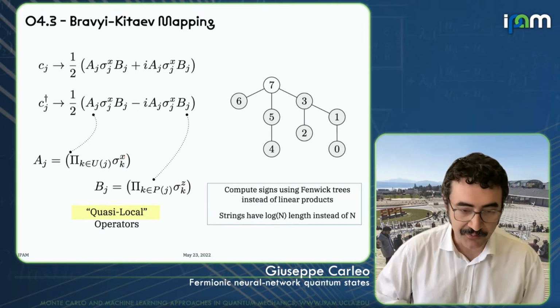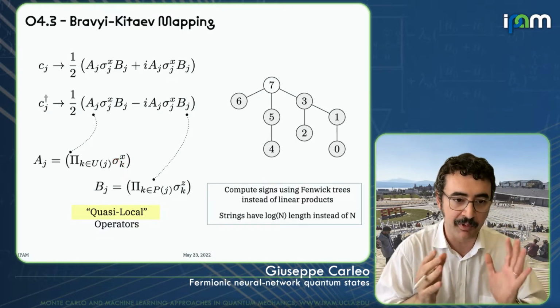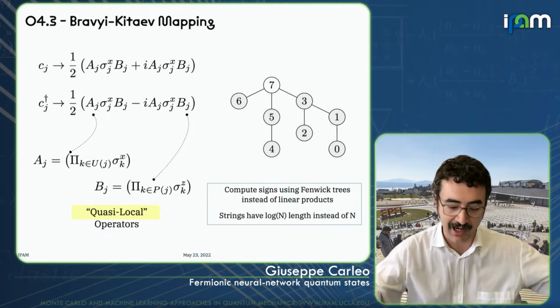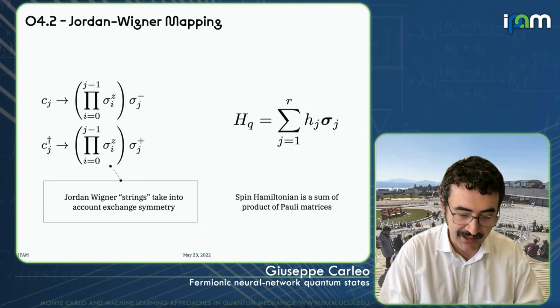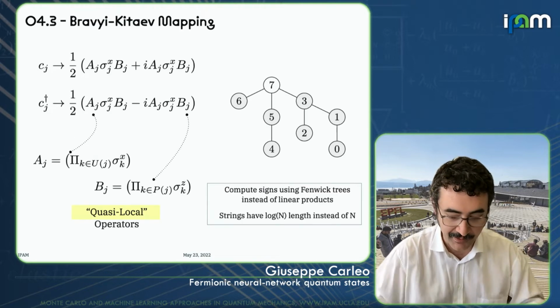The interest of doing this is that you can limit the support of these operators, so that you don't have these very long strings as in the Jordan-Wigner case, which can be extensively long, like the number of spins or number of fermions.